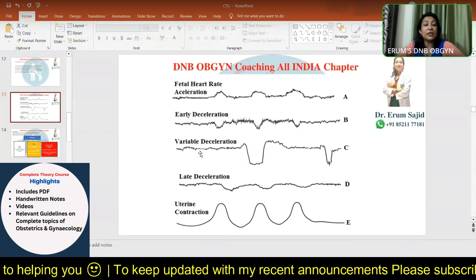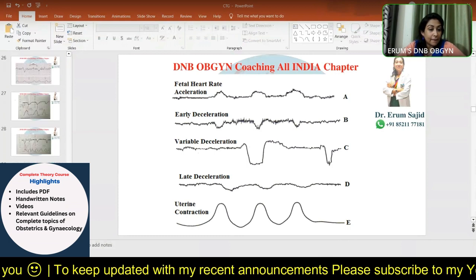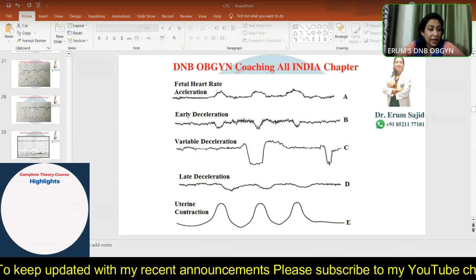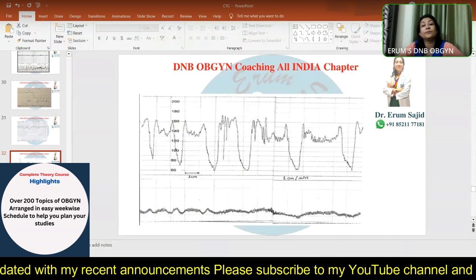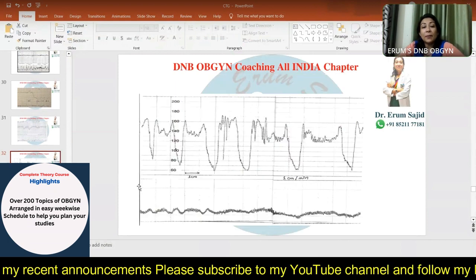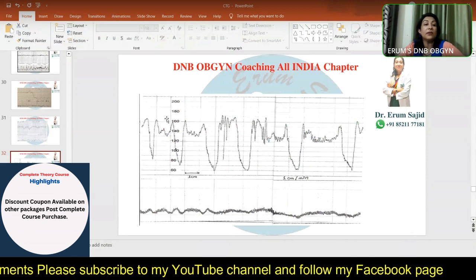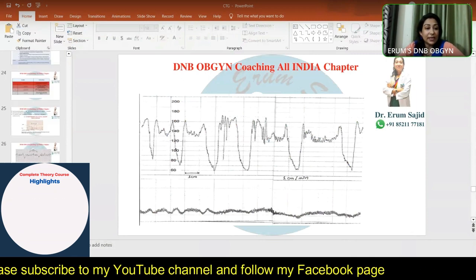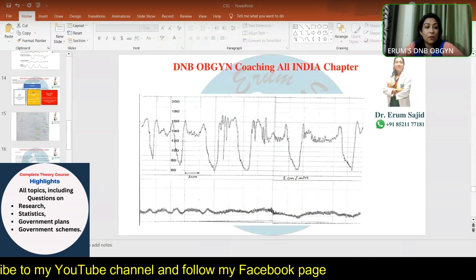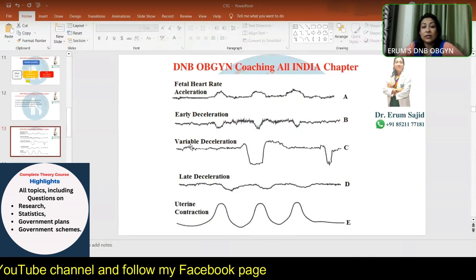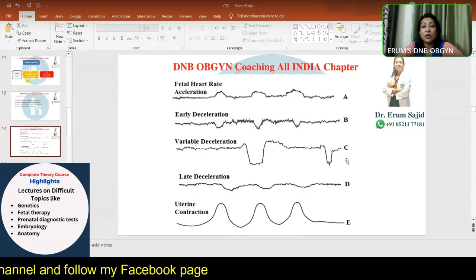The repeat variable decelerations will be something like this. They're coming at repeated intervals. These are repeat variable decelerations. And something like what I just showed you, this line, variable deceleration, is not repeated variable decelerations.